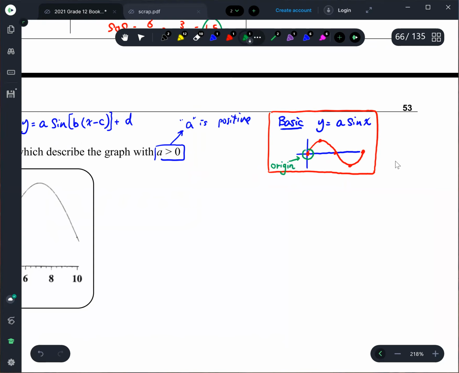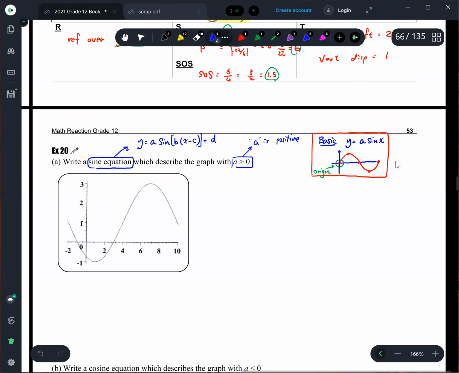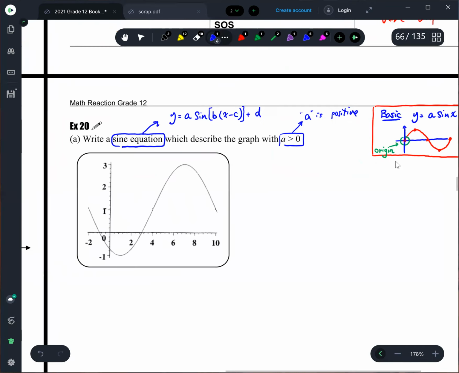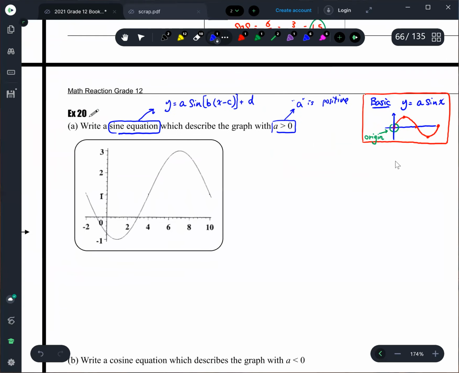The origin is the crossing of the x-axis and the y-axis, where they cross each other. Now, because the graph has been moved, your origin is no longer at 0, 0. For the basic, the origin is at 0, 0 all the time, where the x and y axes cross. So once you move it, it's no longer there.